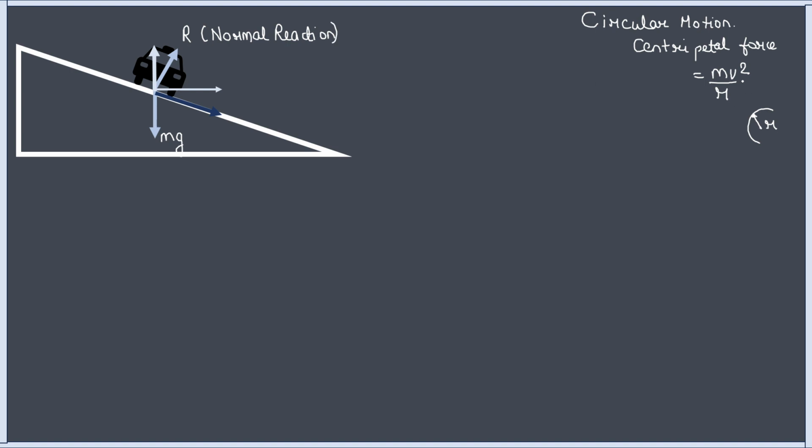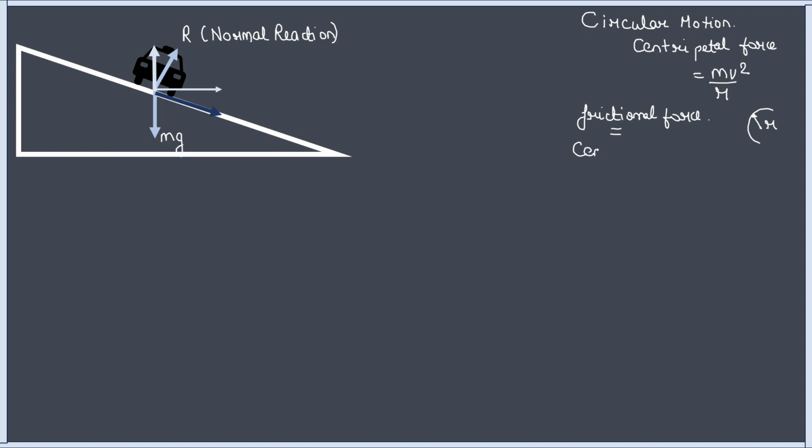We need a centripetal force which will help the car to rotate in a circular path, and also we have friction between the road and the car. In order that the car completes a circular motion, it is required that the frictional force applied by the road is equal to the centripetal force.